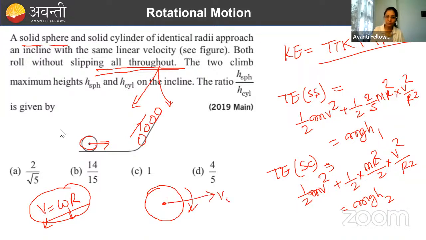But in rolling motion, if you want to consider pure rotation, then we can take it around the point of contact. But the omega in v equal to omega r that we wrote here, we calculated with rotation around the center of mass.